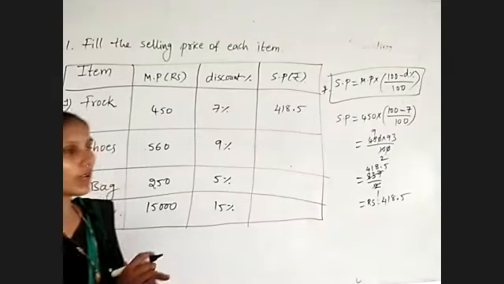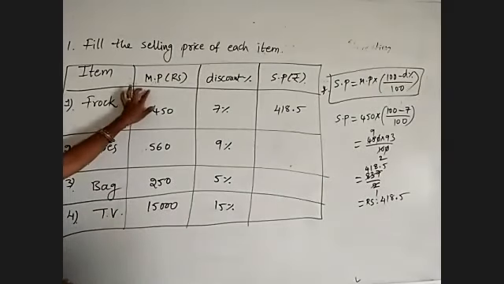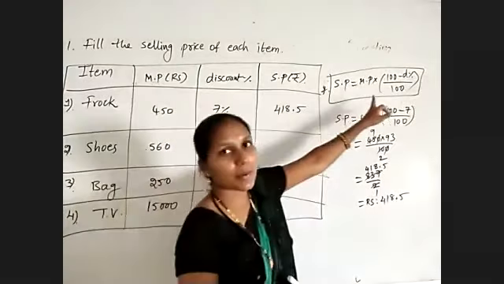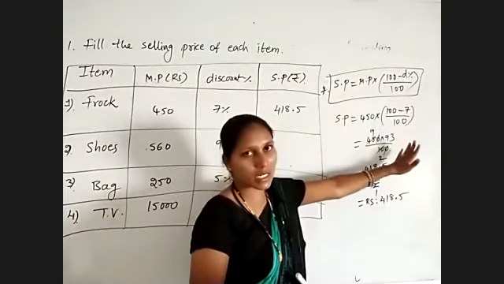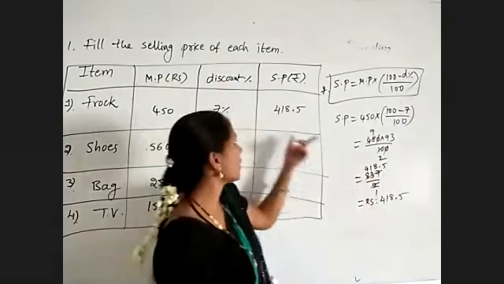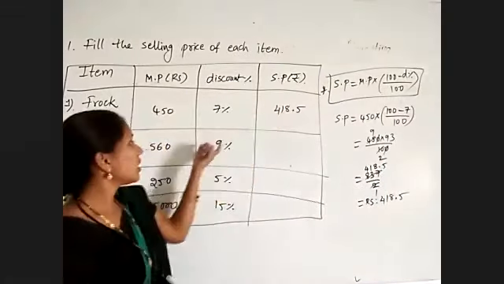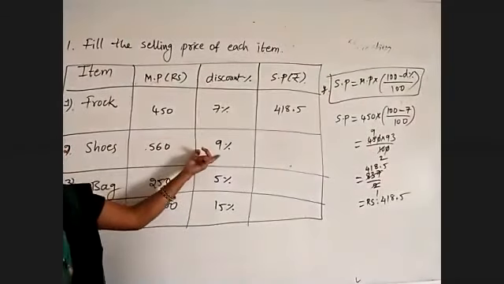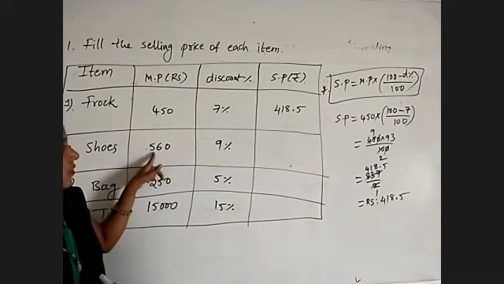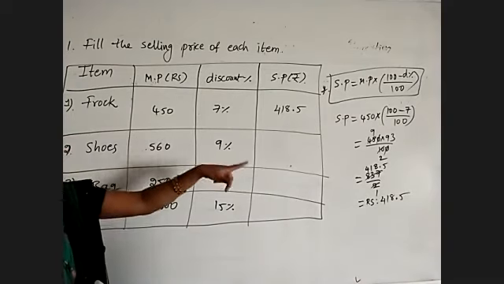Okay. So once again I am telling, whenever MP and discount percentage are given, then the SP formula is MP into (100 minus discount percentage) by 100. Just substitute the given values and simplify, you will get the SP. That's all. Here also 560 and 9% is given. 100 minus 9 is 91. 560 into 91 by 100.